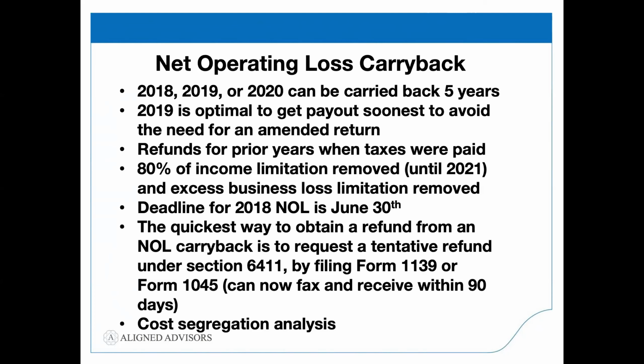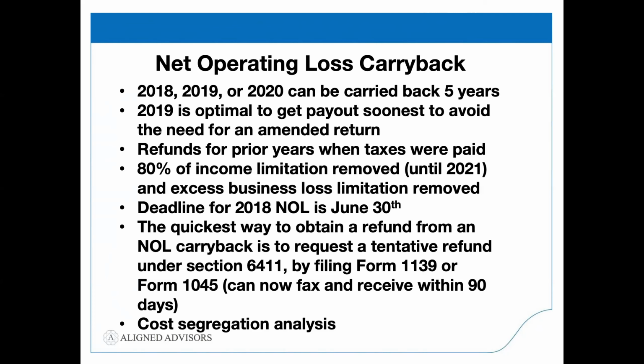The optimal year to do this in would be 2019. Well, in most cases, 2018 may be good if you can go because that would allow you to go all the way back if the loss is big enough, all the way back to 2014 or 2013. But the reason I say 2019 is because most people haven't finished their tax returns yet, so no amendment would be required.